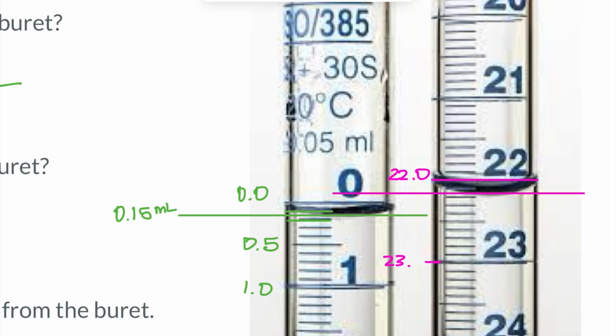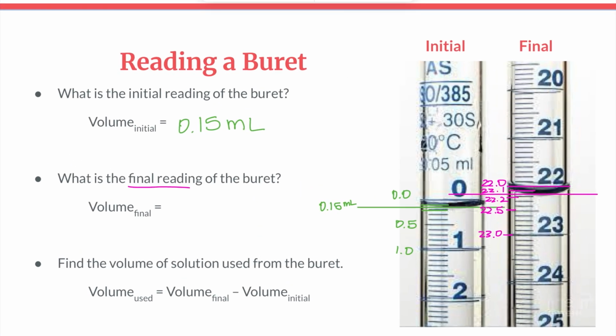Here's 23.0. Here's 22.5. And so as I'm looking here, this looks like 0.1, 0.2, 0.3, 0.4. So we are between 22.1 and 22.2. And to me, it kind of looks about halfway. So I'm going to just say 22.15 for my final reading.